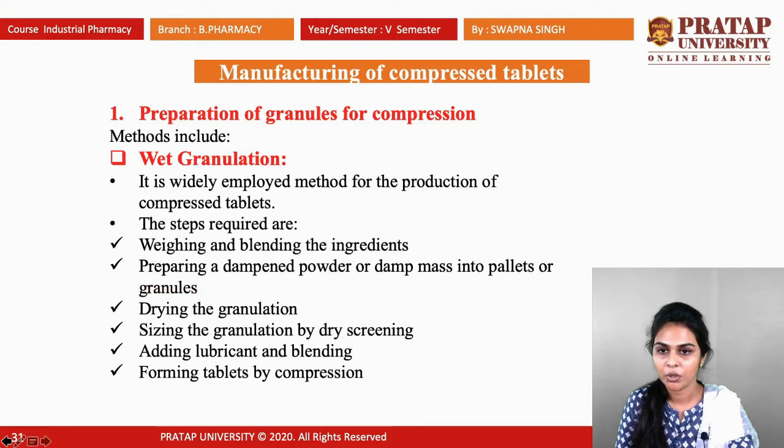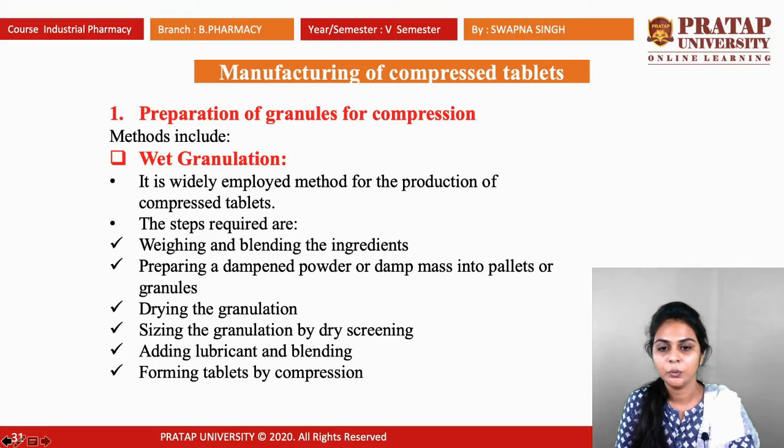First step, all the ingredients we use for the compression, for preparation of granules, should be weighed properly and then blended. After blending, we prepare a damp mass or form pellets or granules. After formation of granules, they need to be dried, and then we size the granules by dry screening.